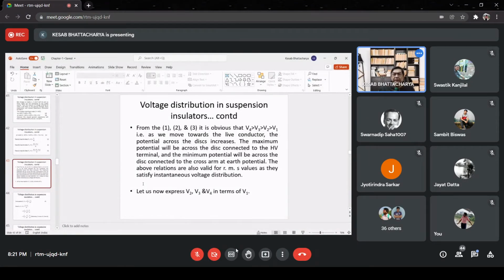V2 we have already expressed, that is V1 into 1 plus 1 by m. Similarly, V3 and V4 can also be expressed in terms of V1. So it is my request to you all, within 5 minutes, try to express V3 and V4 in terms of V1.